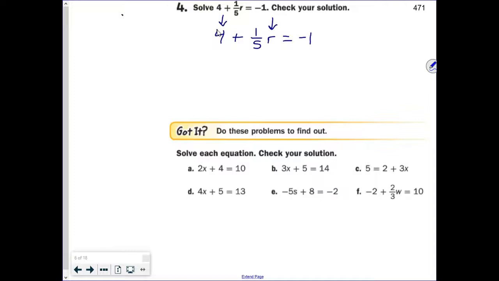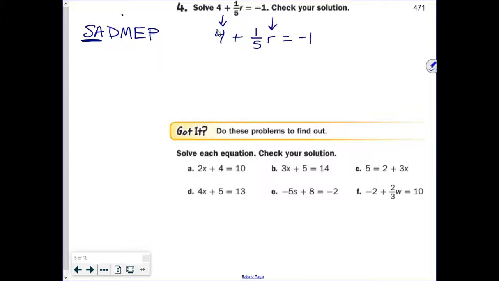It is not being multiplied by r. It is being added to 1/5 r. So in our reverse order of operations, SADMEP, we are still going to look at addition and subtraction. So we're still going to get rid of the 4 first.